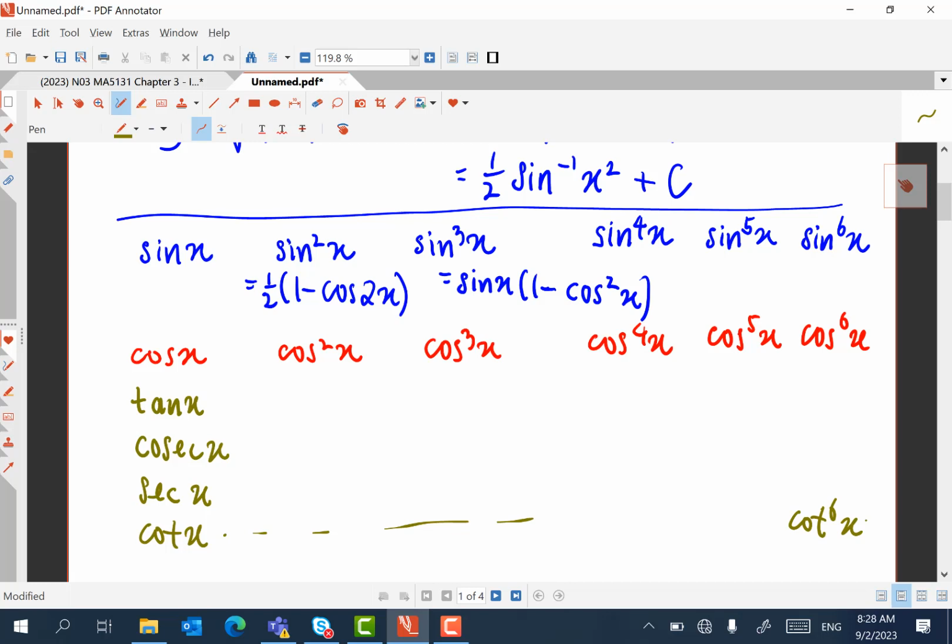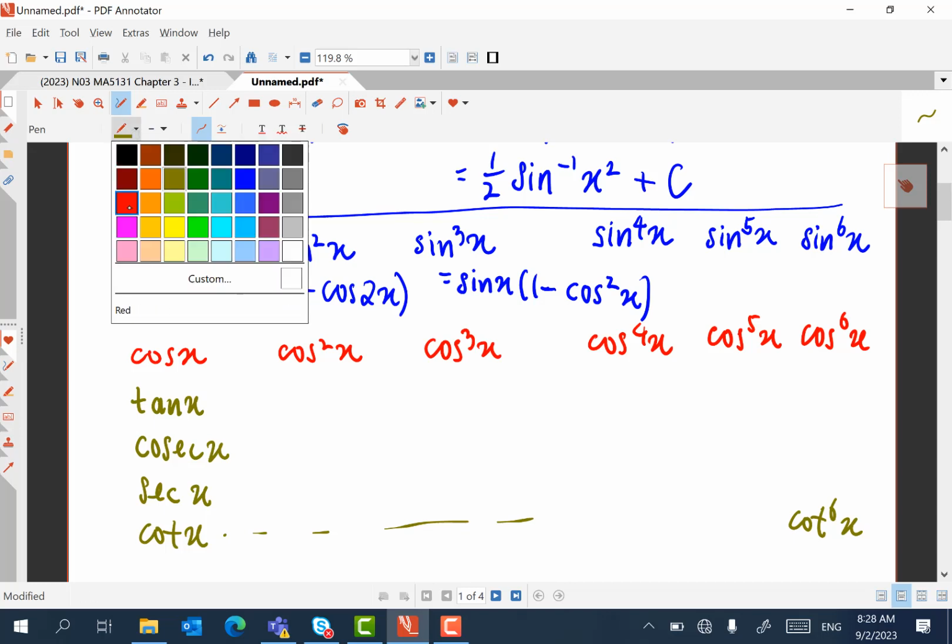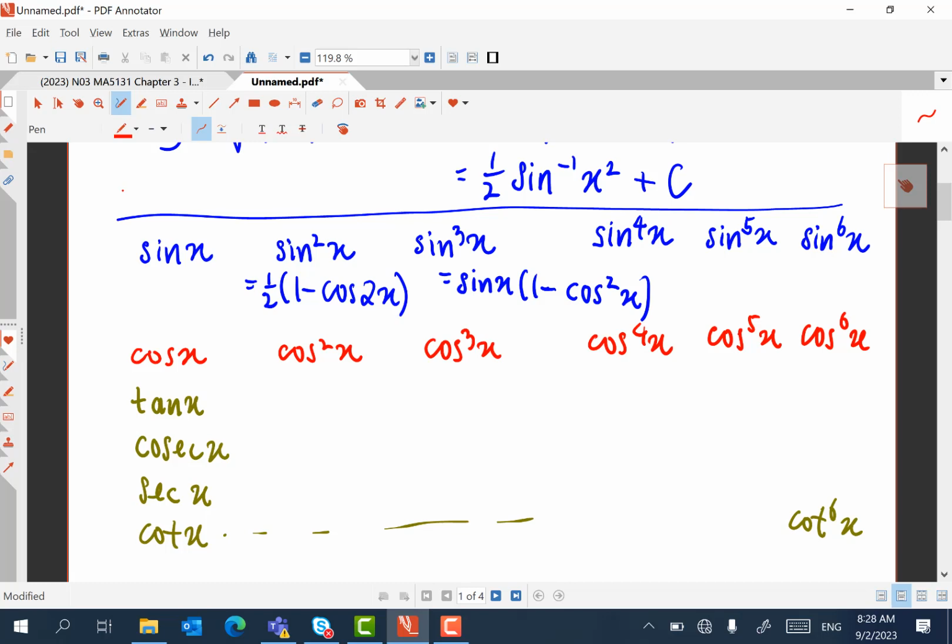As the power gets bigger, the working gets longer. In particular, among all the 36 possible integrations for trigo, I just want to ask you, class, do you know how to integrate secant cube? I don't remember the answer, but I know how to do it.